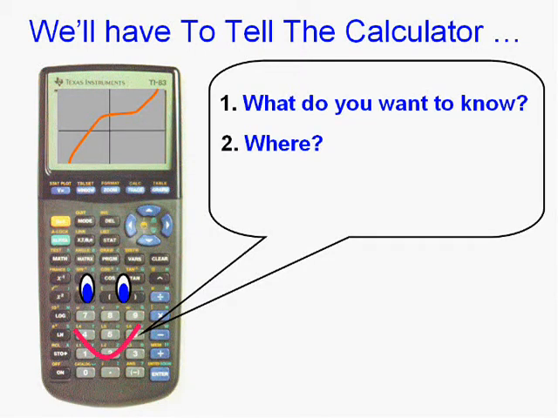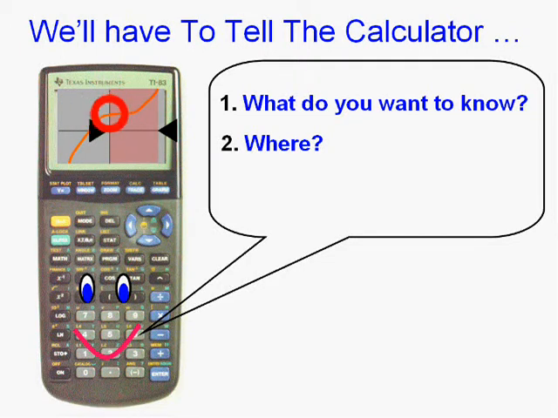And this is very important, because the calculator isn't drawing a picture of the whole graph. Remember, the graph goes on forever. So you want to ask, what portion of the graph do you want, for instance, a minimum for? Do you want the minimum for this area of the graph, from here to here?